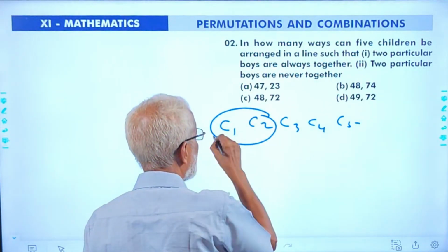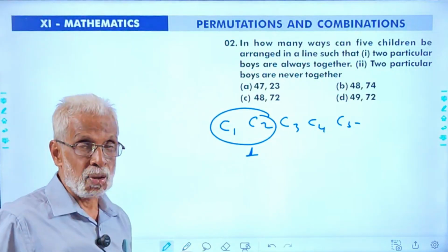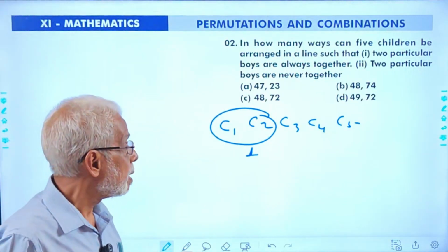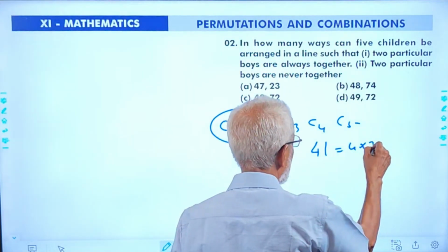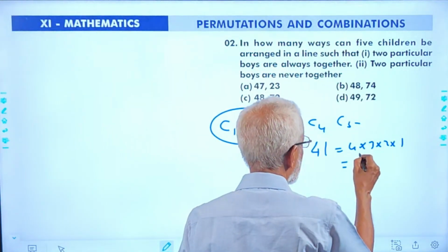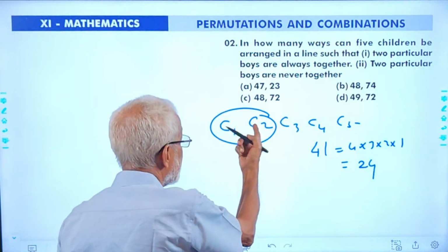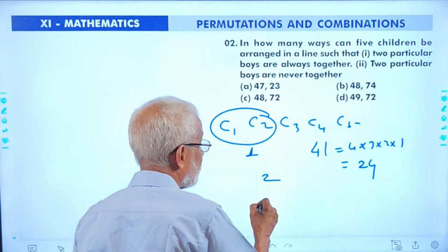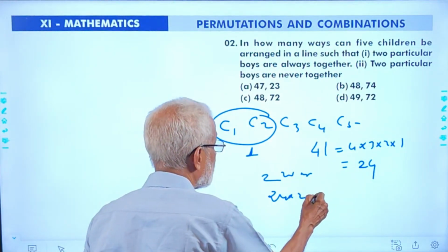Take the 2 particular boys as a single entity. Hence we have 1, 2, 3, 4, 4 things in effect to arrange. That can be done in 4 factorial ways, that is 4 into 3 into 2 into 1, that is 24. And the 2 boys between them can be arranged in 2 ways. Therefore, total number of ways is 24 into 2, which is equal to 48.